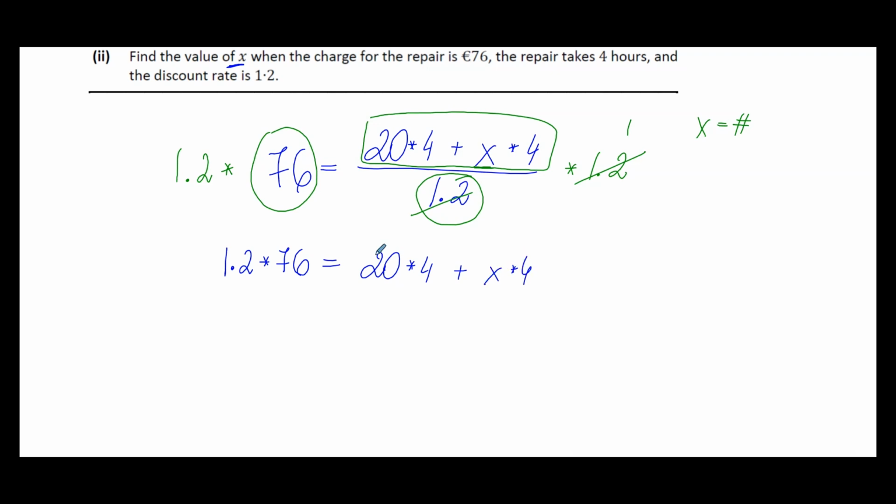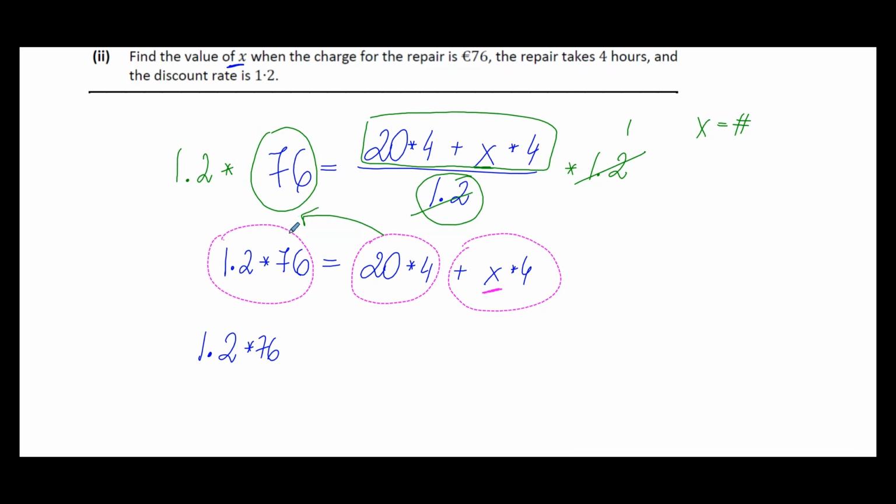Next part, so where am I going? All of that is a number, and that's my next number, and that's where I have my letter. So the number goes to the other numbers. I put 1.2 multiplied by 76 in the calculator. Then I move this value to the other side. It will change sign to the opposite, so positive will become negative.